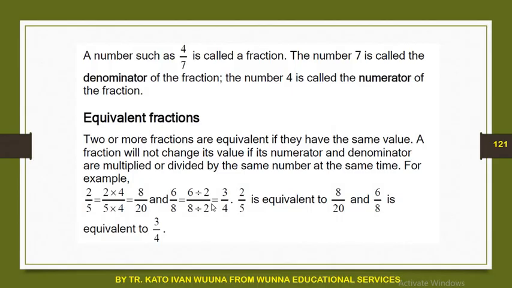But how do we get these equivalent fractions? The first one was gotten by multiplying through by 4, which is a common factor. Then the second was gotten by dividing by 2, both numerator and denominator.